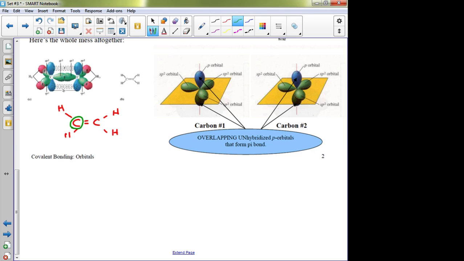And I say, how many areas of electron density are around this carbon? And before you say 4, double bonds only count as 1 area. So that means there's 1, 2, 3 areas of electron density around that carbon, right? So what's the hybridization? sp2.